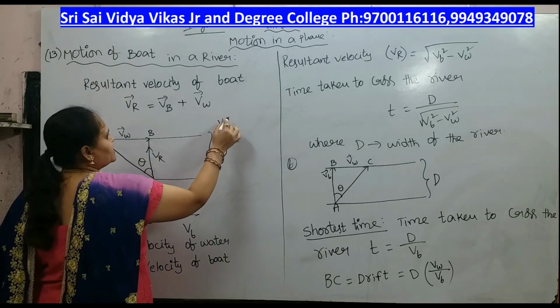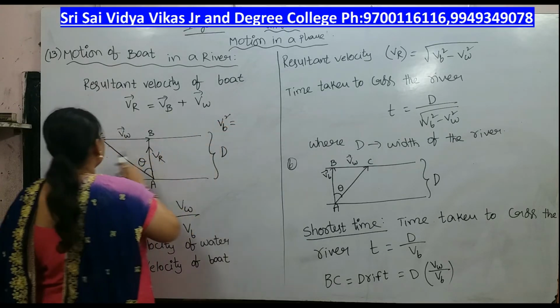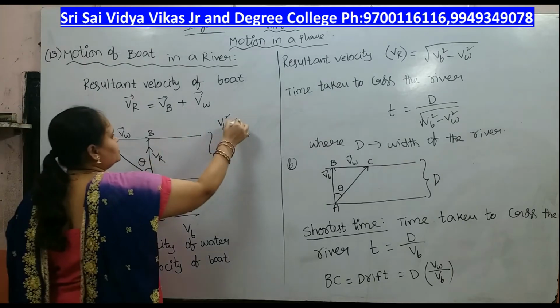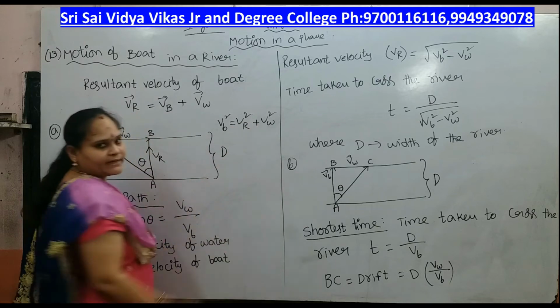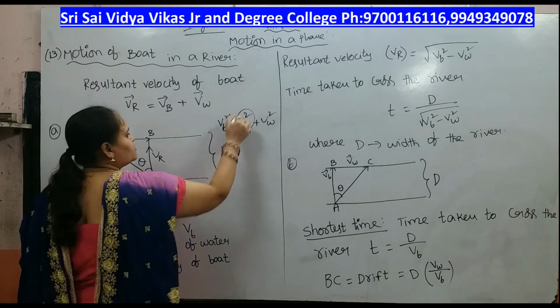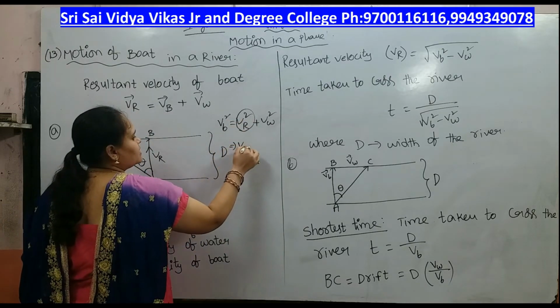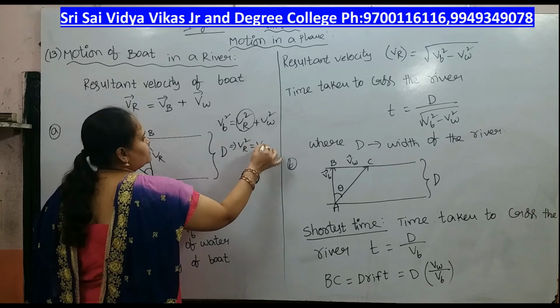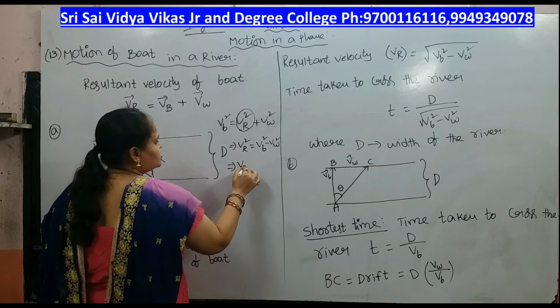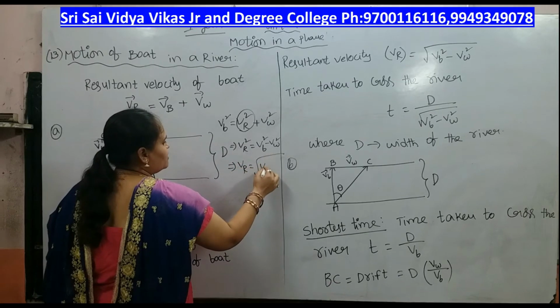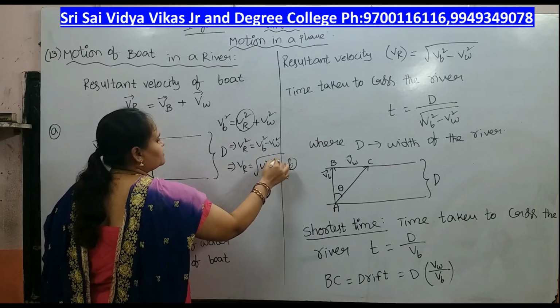From the diagram, this is V_B and this is the resultant. So we can write V_B square equals V_R square plus V_W square. We want the resultant, so V_R square equals V_B square minus V_W square, and that implies V_R equals the square root of V_B square minus V_W square.